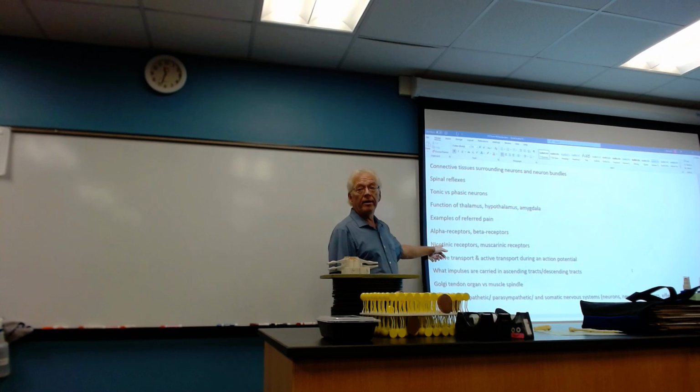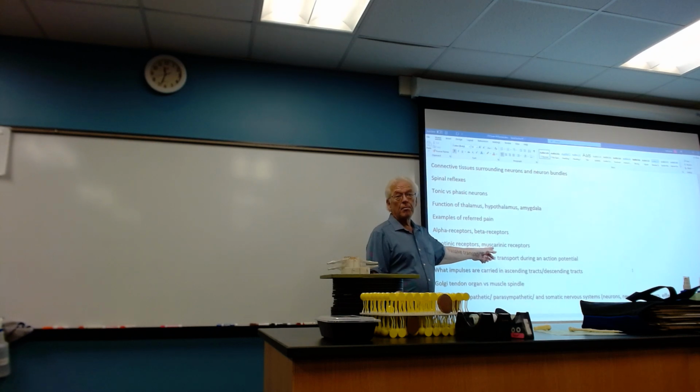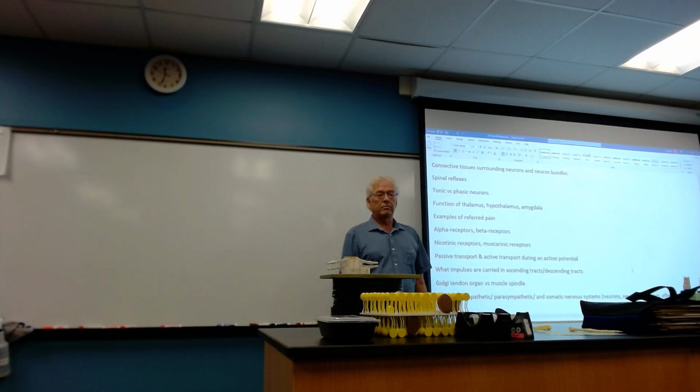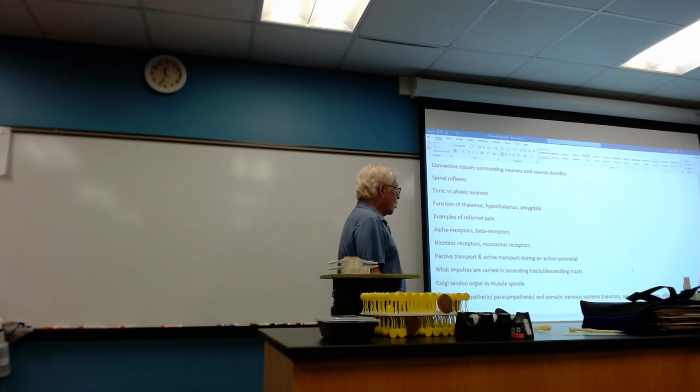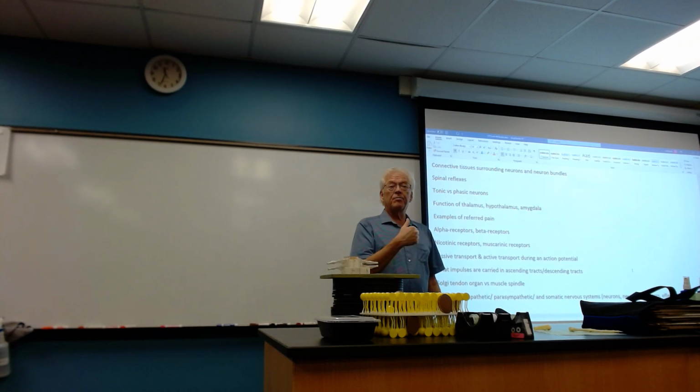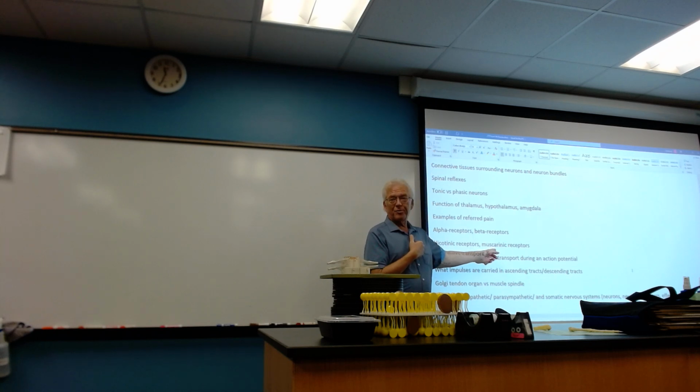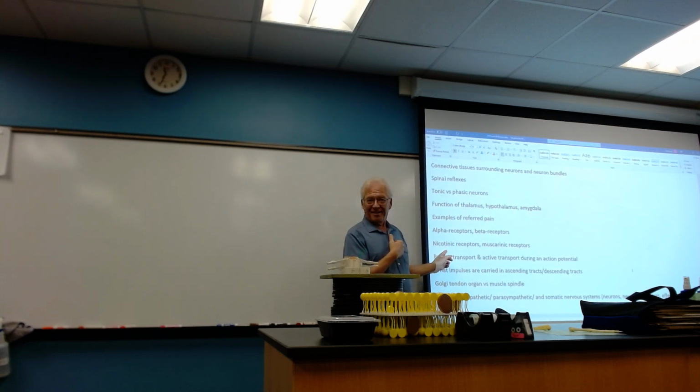Nicotinic is always stimulatory when acetylcholine hits it. Muscarinic, mostly, if not always, is inhibitory when acetylcholine hits it. Okay? So, when acetylcholine hits my heart, does it speed up or slow down my heart? Slows down. So it must have muscarinic receptors on it, not nicotinic. Does that make sense?